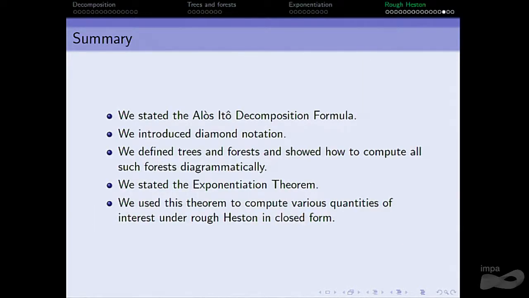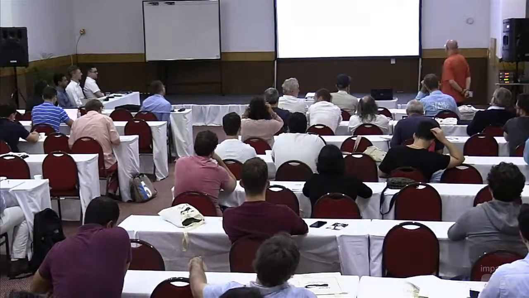So in summary, and I think I'm going to finish on time, unbelievably, we stated the ALOS decomposition formula, beautiful formula, but probably not that useful. We introduced diamond notation. We defined trees and forests and showed how to compute all such forests diagrammatically. So in it, one of the corollaries is that we have closed form characteristic function in principle for any model, not just for affine models.